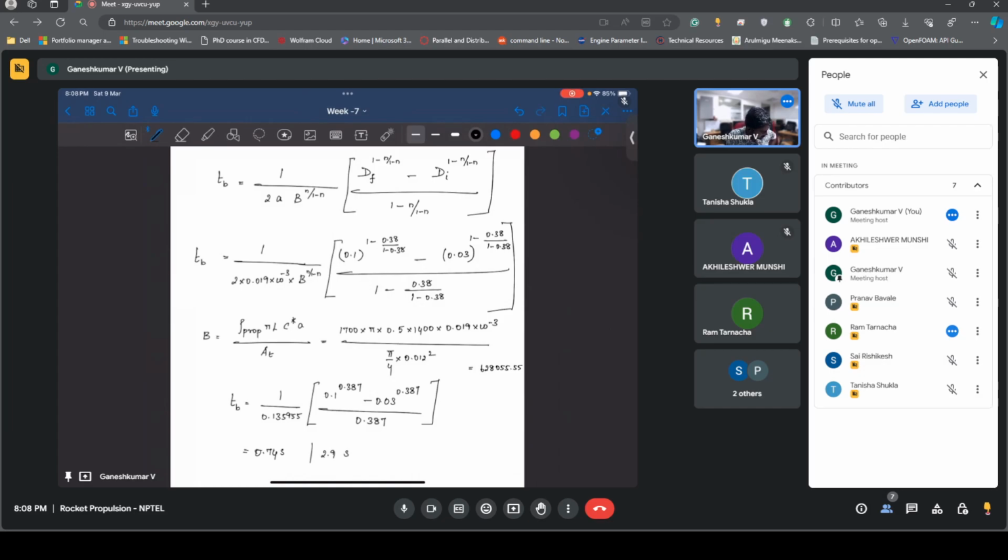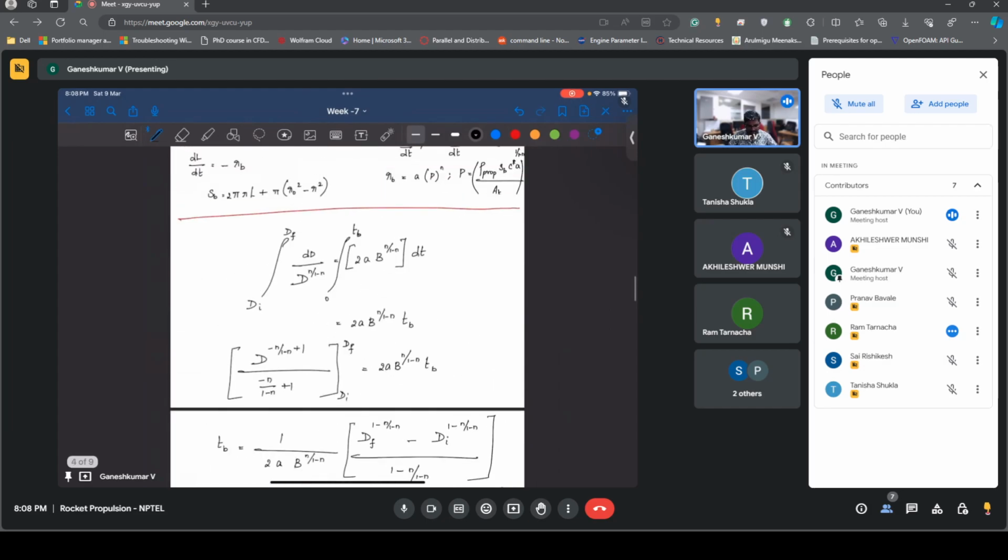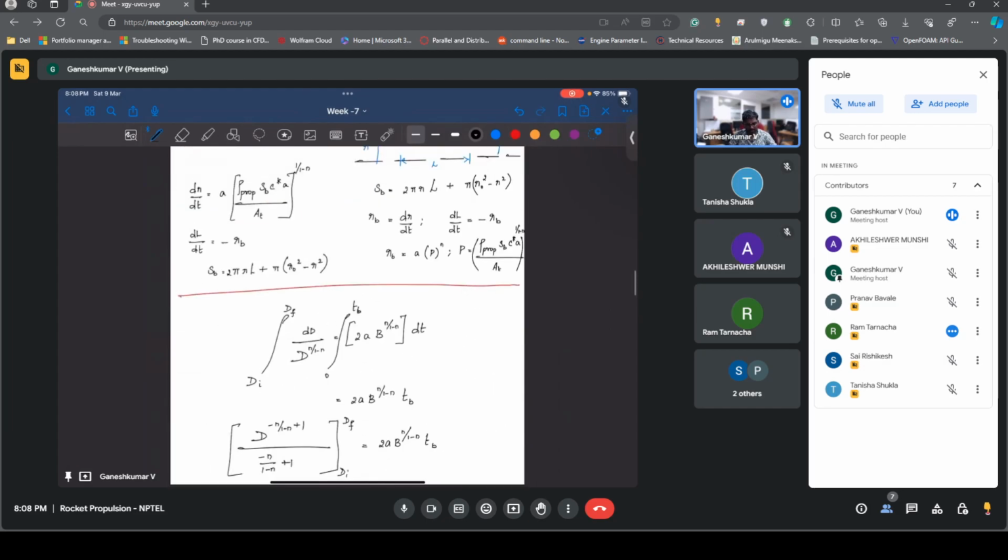So the only problem is if n is equal to 0.5. Here n is 0.38, so there's no problem. If n is 0.5, then this is not applicable. Which means you need to go back a little bit and substitute n equal to 0.5 in this expression before doing the integration.